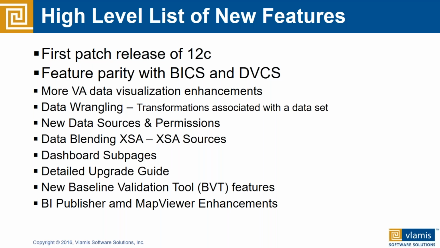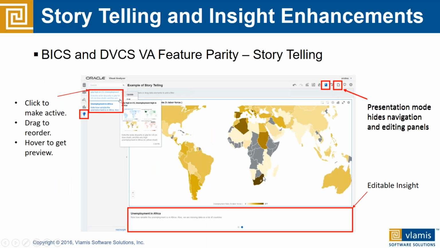This is the tool that allows you to have confidence that you can upgrade to new releases without changes to your dashboards. Look into it, BVT. We have other presentations on that as well. And there are BI Publisher and MapViewer enhancements as well. So with that as a high-level list, let's jump into some of the details.